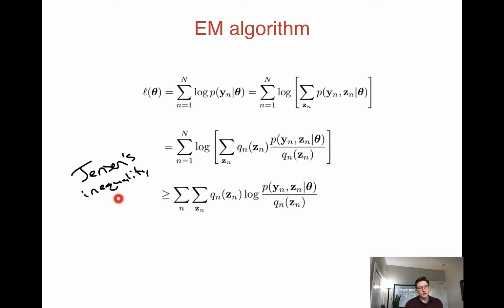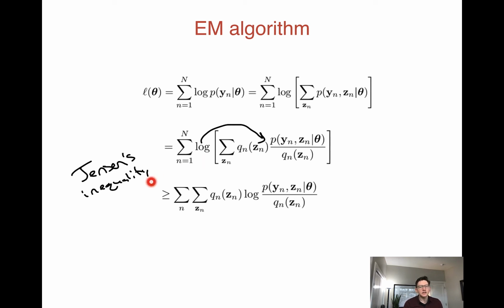But we're just going to trust the textbook for now on this. So what we've done with Jensen's inequality is we've pushed the log inside this sum. Again, that doesn't give us exactly the same answer, because we can't in general push logs inside sums.